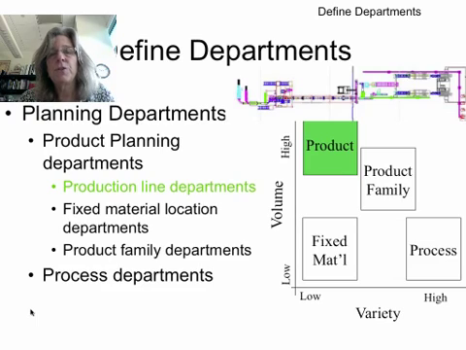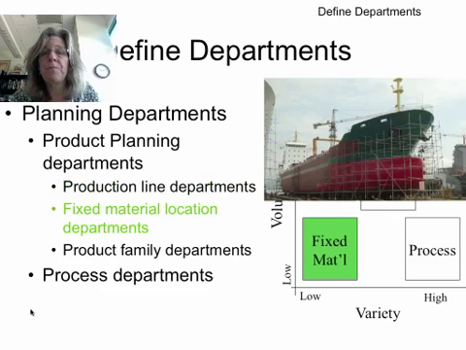So we first look at this product line department. This is low variety products that are high volume, and that would be something like an assembly line. Again, the picture up there is of an assembly line at Diamond Foods where they were packaging small snack packs. But you can see that that's the kind of thing that would be determined as a product line department.